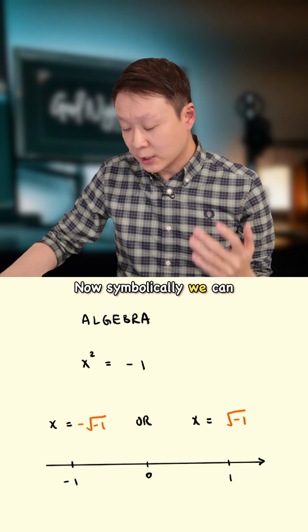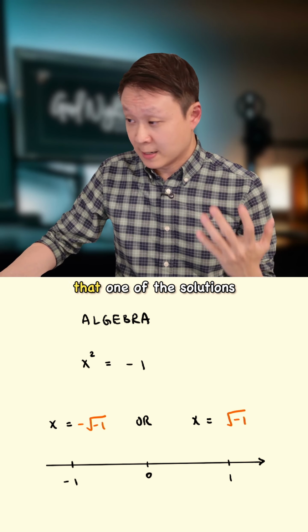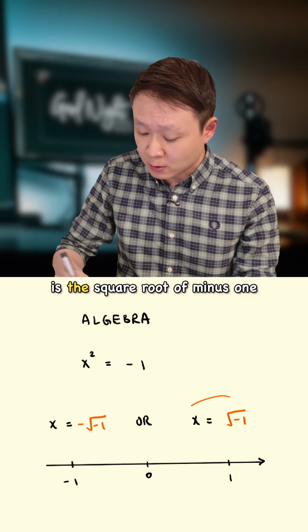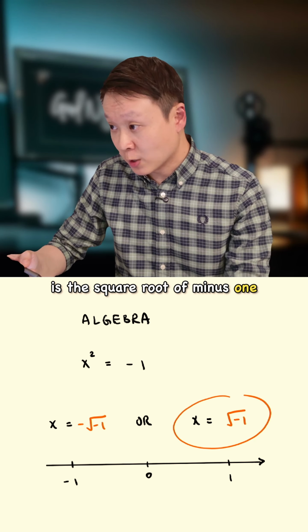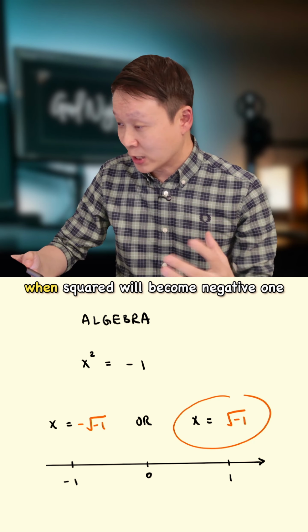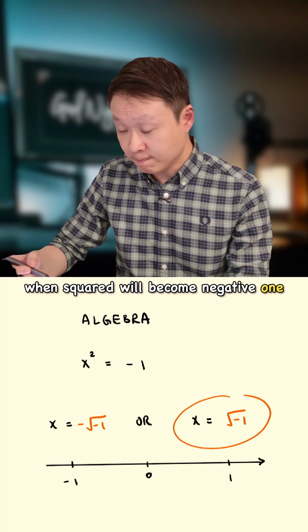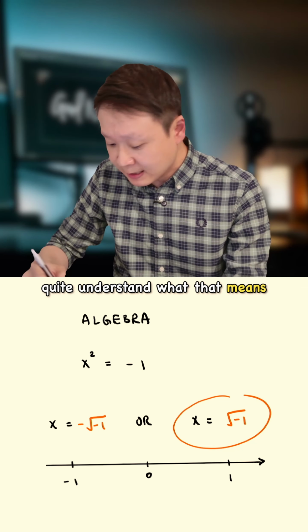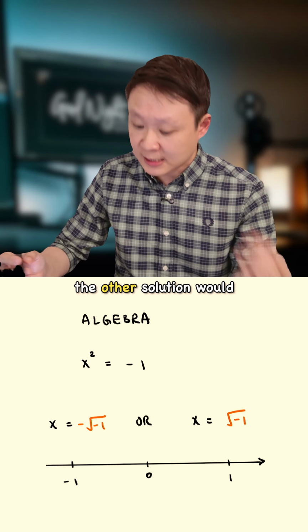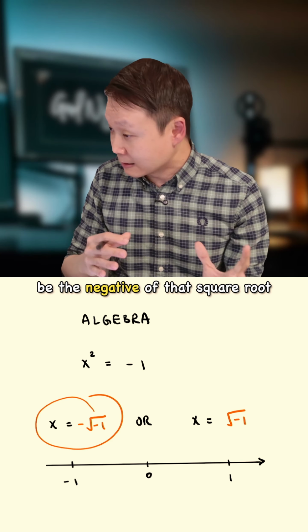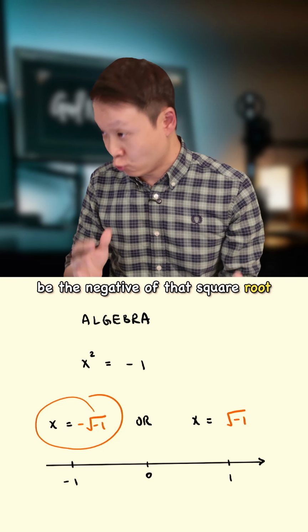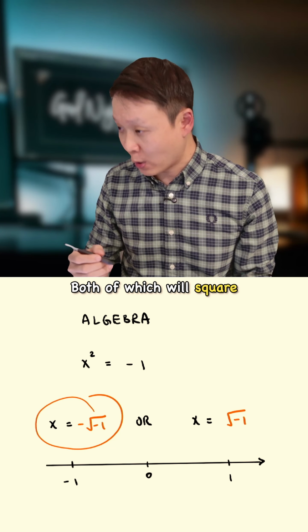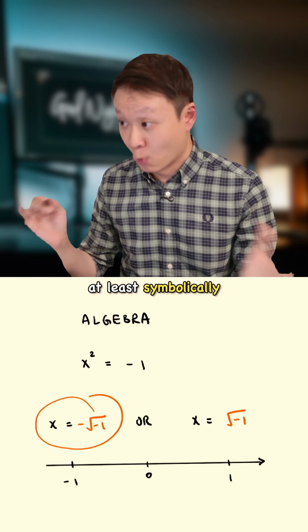Now, symbolically, we can just write down that one of the solutions is the square root of -1. It is something that when squared will become -1, even though we don't quite understand what that means. And then quite naturally, the other solution would be the negative of that square root, both of which will square to -1, at least symbolically.